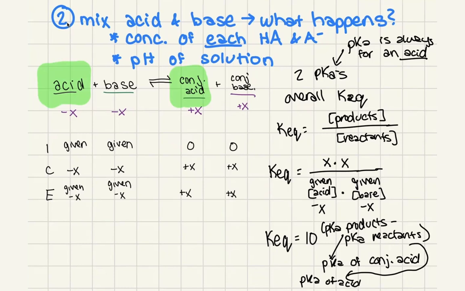And so now that we have this equation, we can rewrite this and say, okay, we have 10 to the pKa of your conjugate acid minus pKa of your acid equals x squared over your given, let me just copy and paste that because I am not very good with writing on this thing.